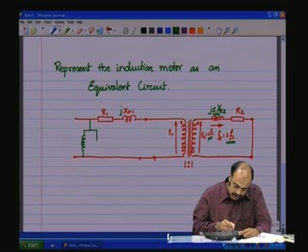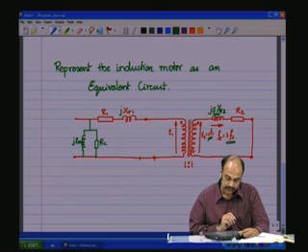The errors will be a very small insignificant fraction without loss of generality, but it will make the analysis much easier. Therefore we call this one R, this is j X M, and this is R C, the core loss component.